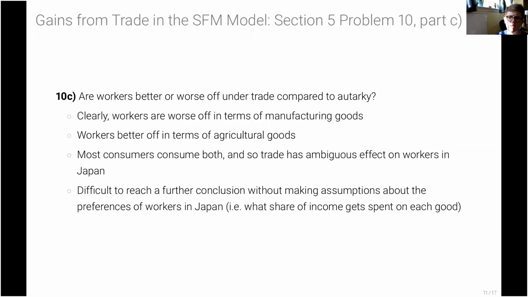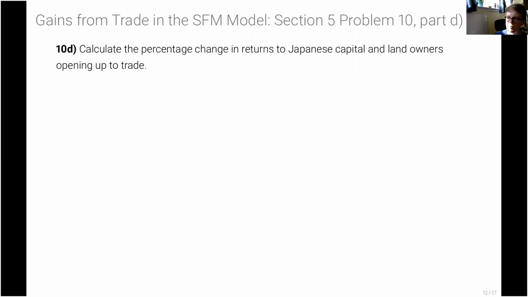And we might be able to make a little bit more progress if we make some assumptions about the preferences of workers in Japan, but note that we haven't. And so we don't know the share of income that gets spent on each good. And so with that, we might be able to make a more precise statement. But without that, we just know that depending on their share of consumption of agriculture versus manufacturing, workers in Japan may be better off, they may be worse off. In net, the effect is ambiguous.